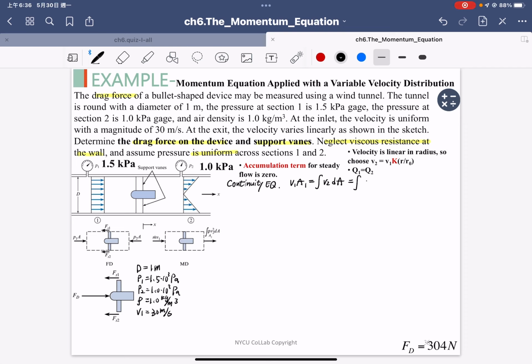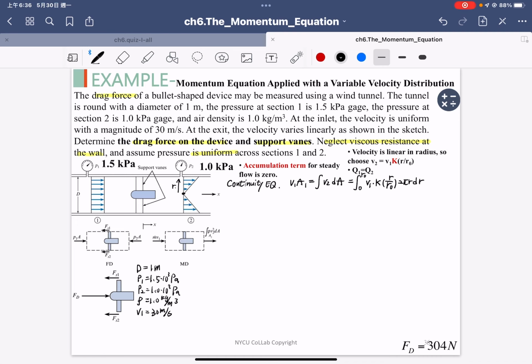V can be represented by V1 and the unknown parameter k, where r is the radius, starting from the center to the wall. We use the ratio r divided by R0, and dA can be replaced by 2 pi r dr. The integration interval is from the center to the wall, radius R0.